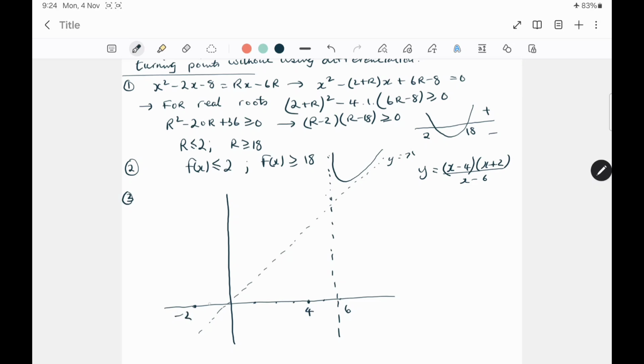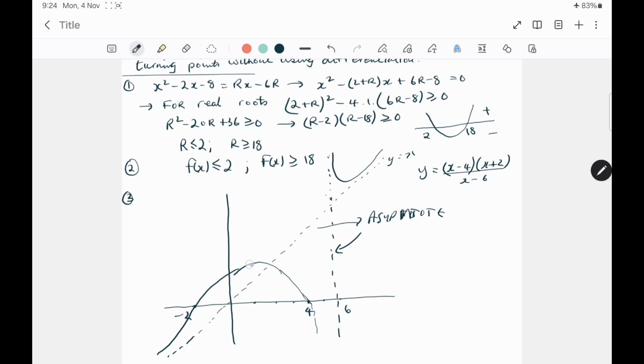And here the graph will go like this, and through here, and gradually approach the asymptote here. So that is an asymptote. Asymptote, and so is this.